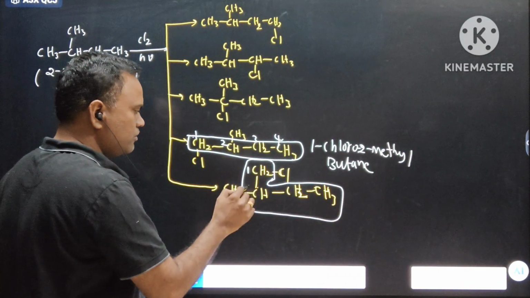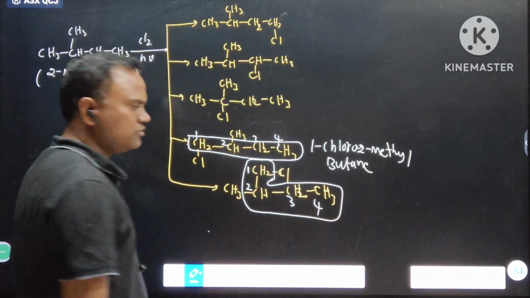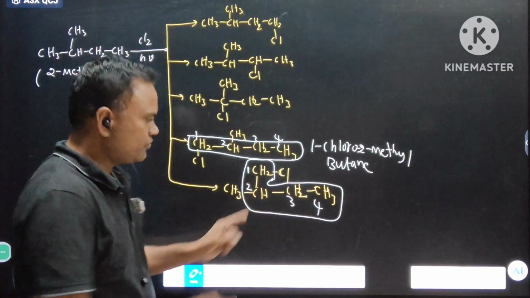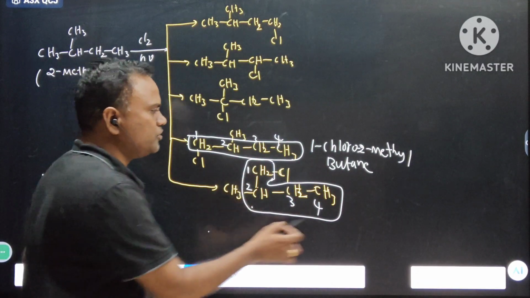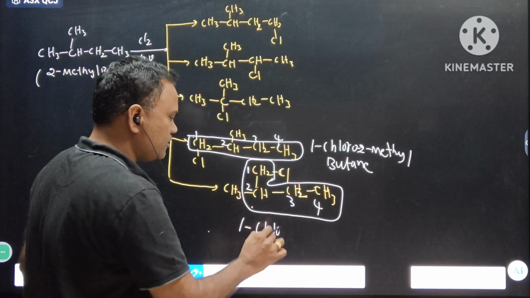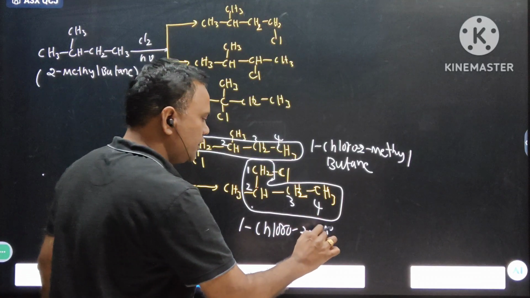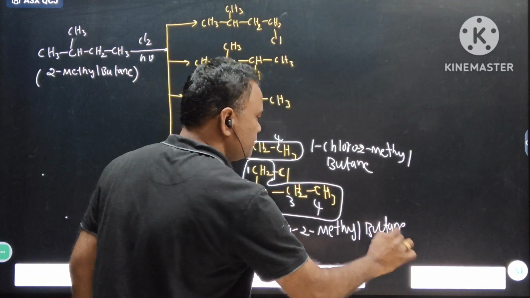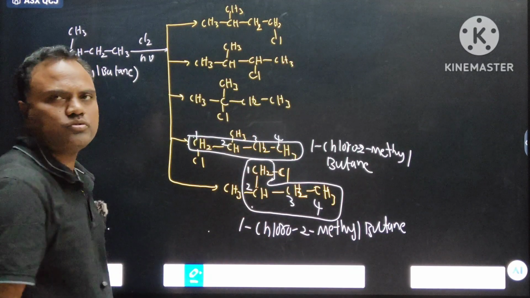Right? 1, 2, 3, 4. You should have some idea about nomenclature. 1-chloro, 2-methyl butane. Same name. 1-chloro, 2-methyl butane.